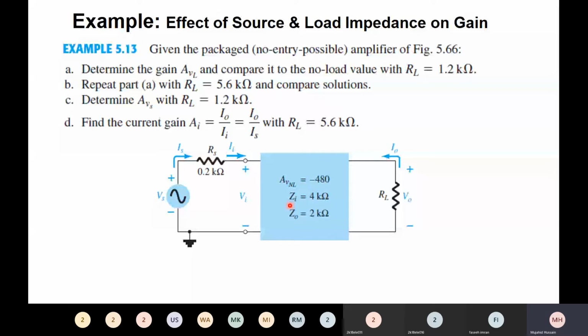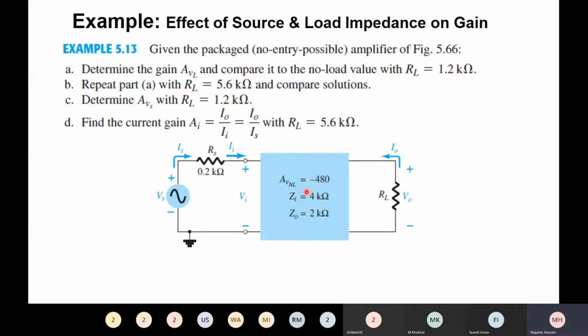So now we have to study the effect of RS, the source resistance, and the load resistance on the gain of this amplifier. We have been asked to find the AVL, that is the loaded voltage gain, and after that compare it with the no load value. The no load voltage gain is 480, and after finding the loaded voltage gain we have to compare both gains.